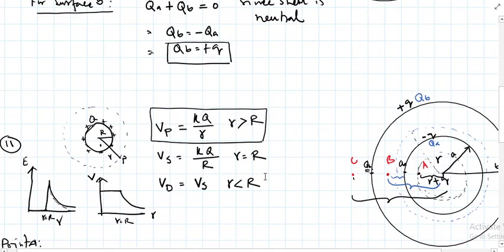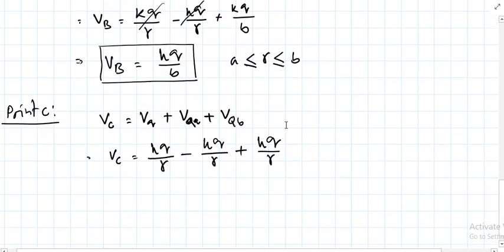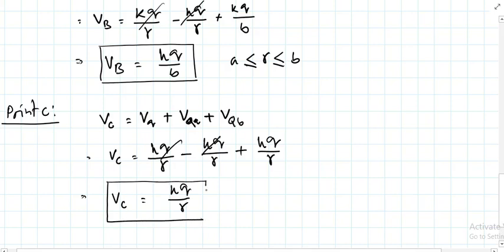We are using that condition again, r greater than b. Fine. Now we can cancel out, so VC is going to be kq over r, which is the potential at point C, where r is greater than or equal to b. That's the case actually.